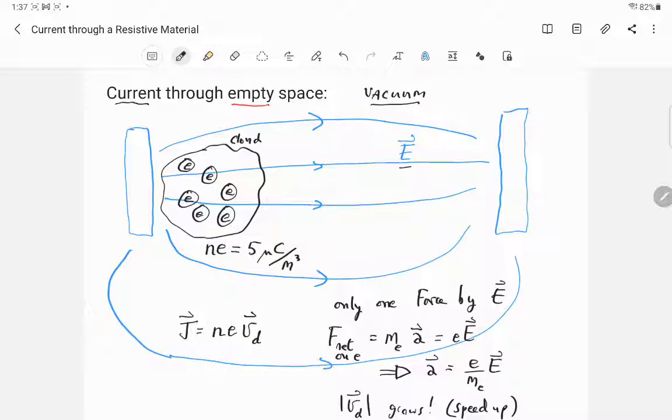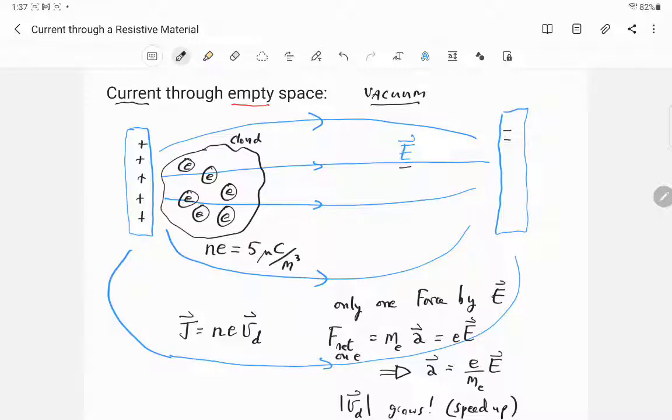They go from this conductor on the left side to this conductor on the right-hand side. Remember, electric field points from positive charge to negative charge.